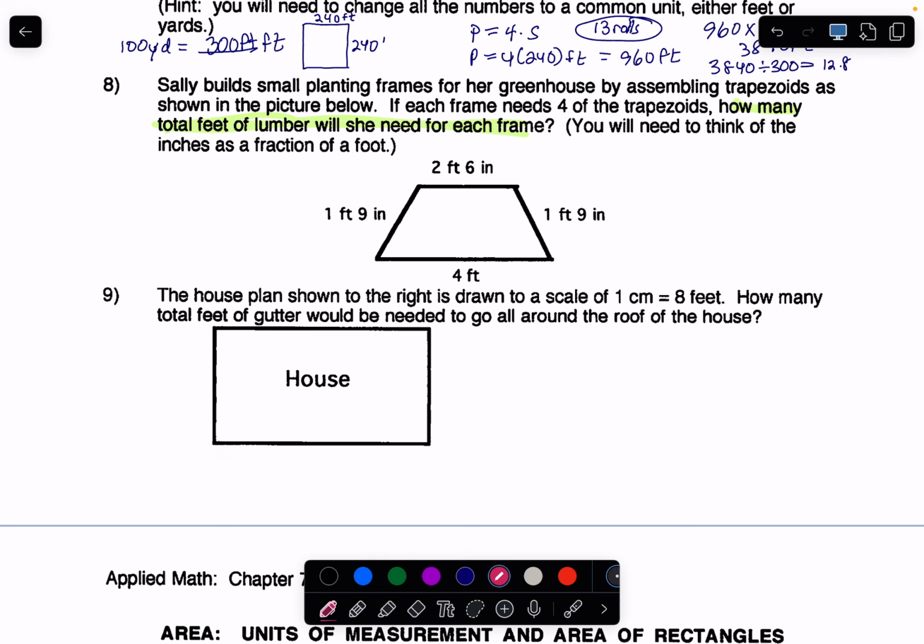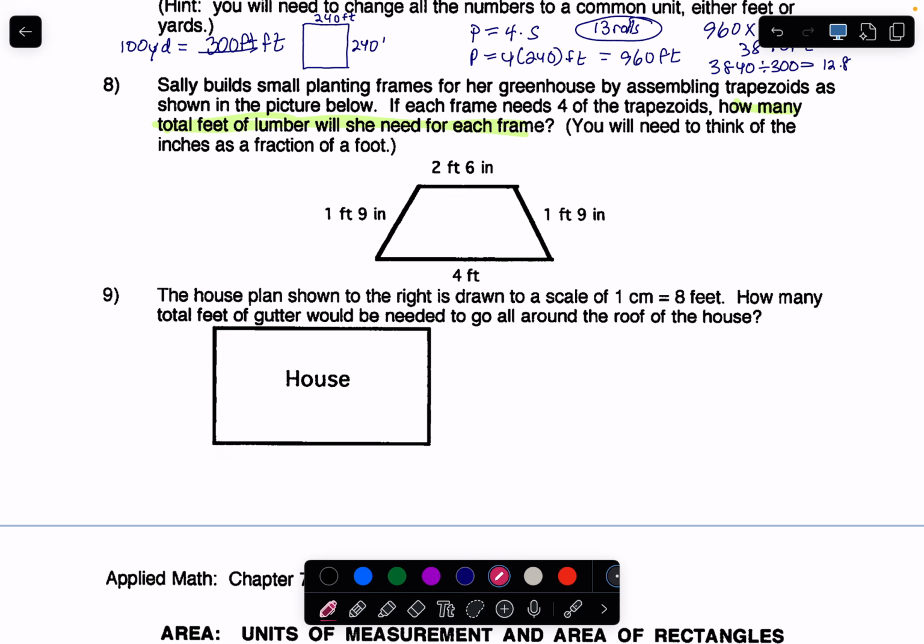Are we doing the area of this object, or are we doing the outer perimeter of the object? Do we care about what's on the inside, or do we care about walking around or measuring the outside? If we're just talking about the timber, the lumber or wood that we're using, it's the outside. If we wanted to make walls on the greenhouse, that's where it would be area.